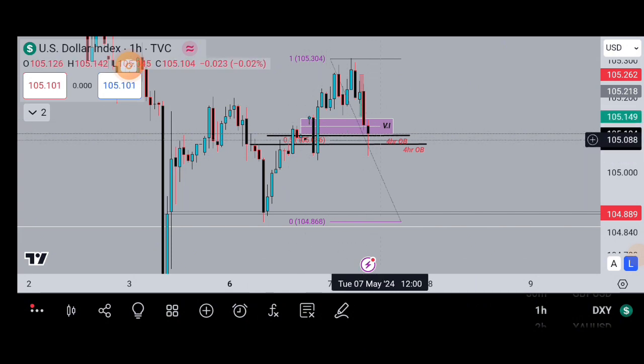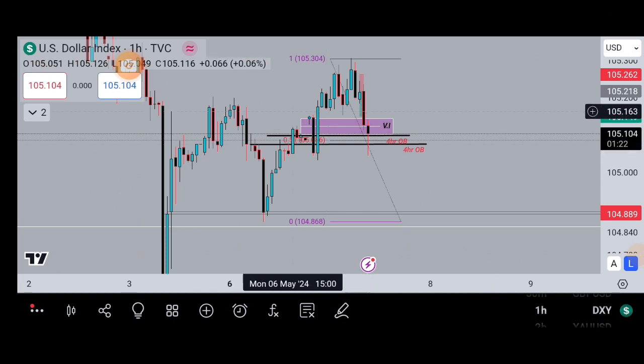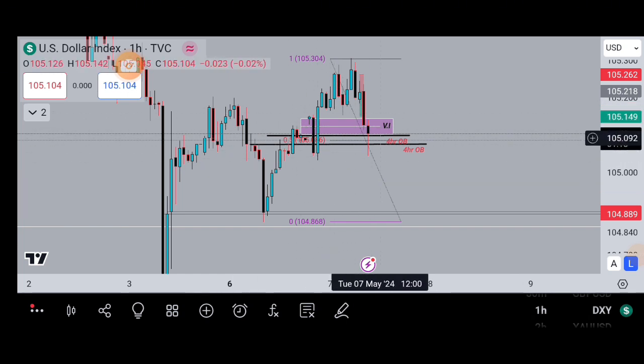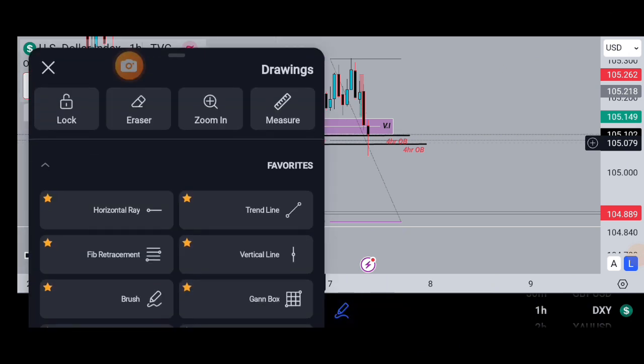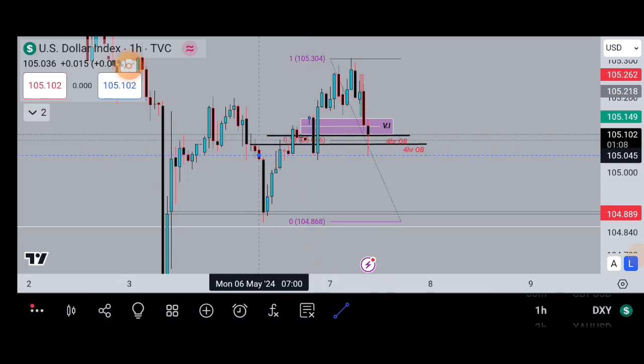So somehow it's not really a bullish order block, and as for me, I cannot count it as one. But maybe we have this last down close candle before this move higher, the one that had this change in state of delivery.